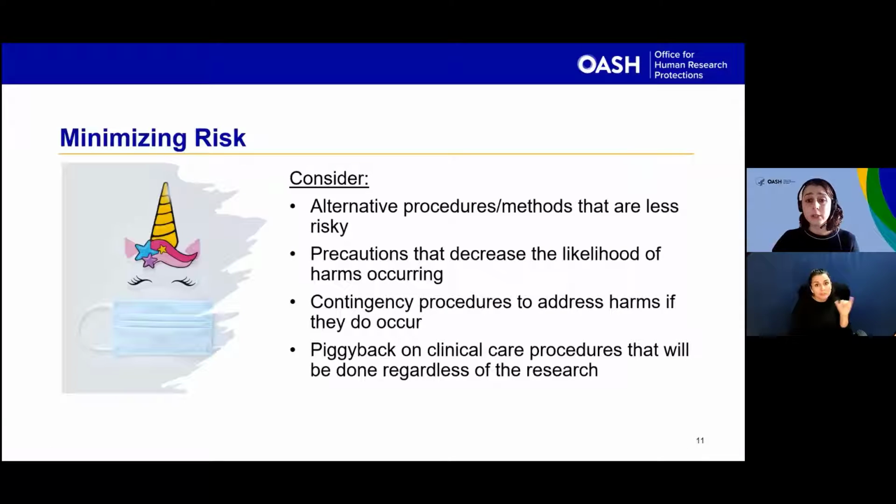Now, as the researcher, you will also be expected to detail how the risks you've identified will be minimized. Now, note that the regulations require that risks be minimized and reasonable, not eliminated. This is a very important consideration because some risks cannot be eliminated completely.